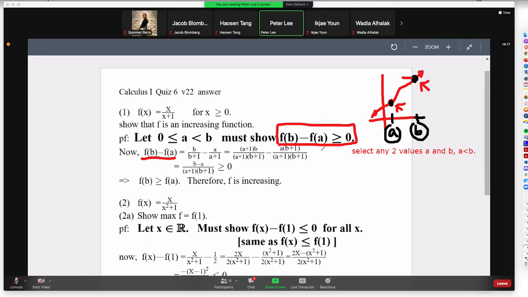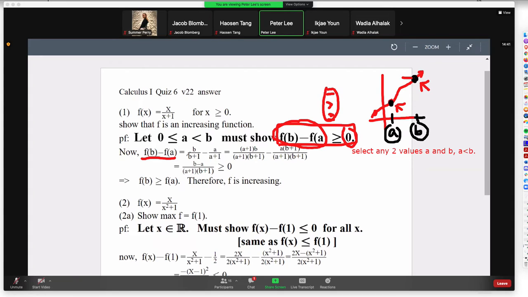Well, the way we show this inequality is this. We first start with the left-hand side, and then get to 0. And in the middle, we can have an equal sign, we can have a greater than sign, or we can have a greater or equal to sign. We can have these kinds of signs in the middle.